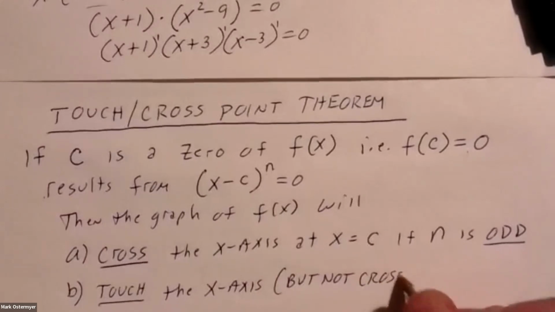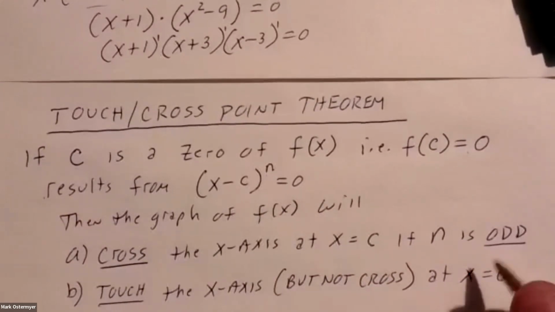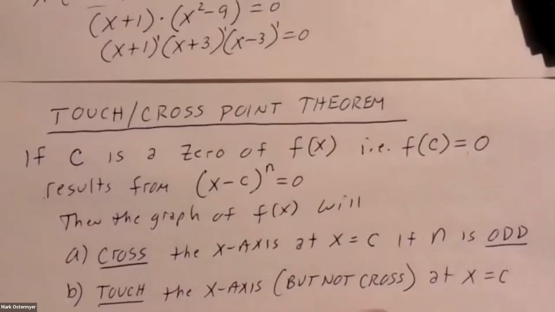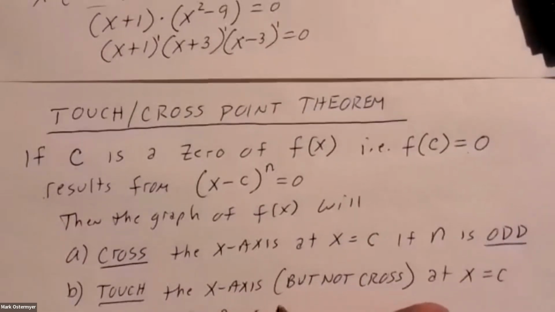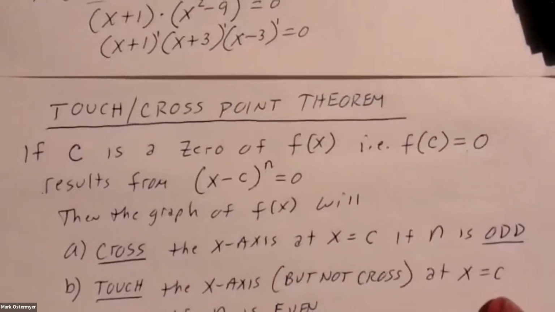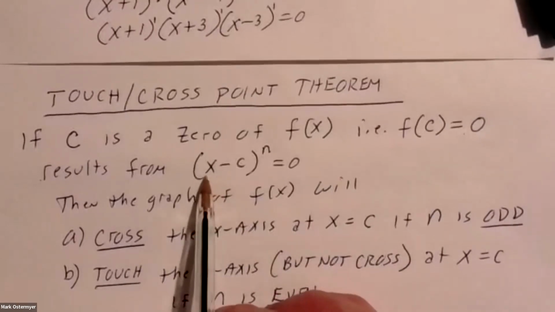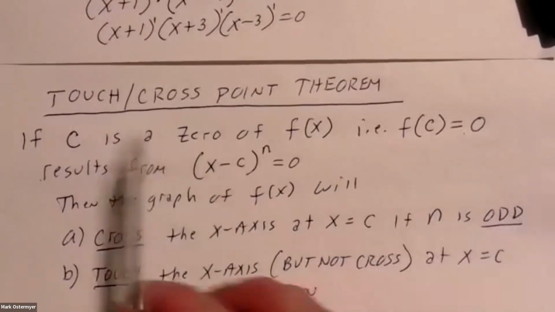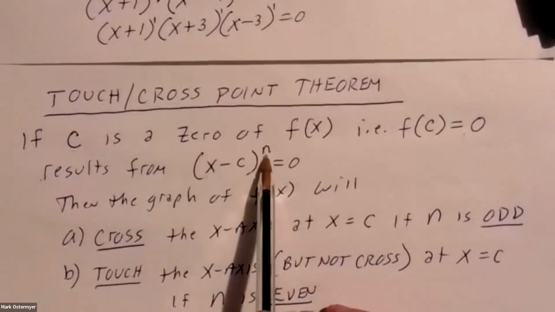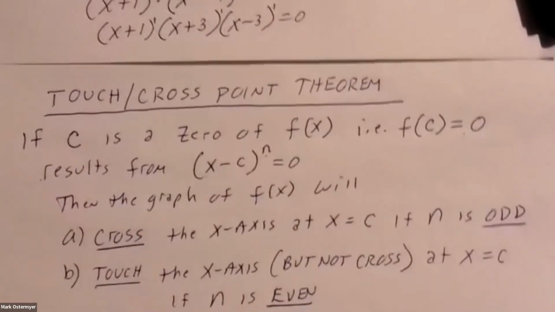It will just touch the x-axis, but not cross the x-axis at x equals c if n is even. That's the touch cross point theorem. So, ladies and gentlemen, if the factor that gave us this 0 c is raised to an even power, then the graph of f of x will not cross the x-axis at c, but will just touch the x-axis at c and then bounce back.